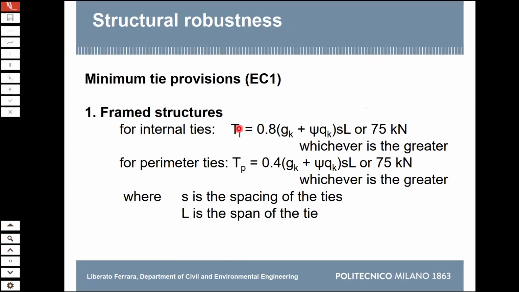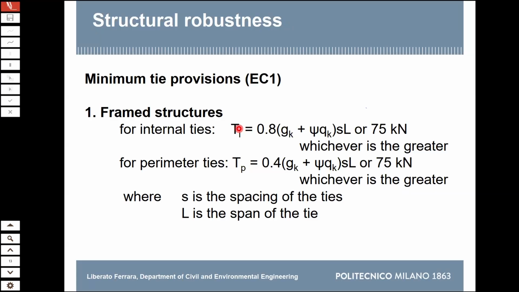This comes from Eurocode 1, Design for Accidental Action. So there are criteria for what kind of loads I design this. So you see here, you have the gravity loads, permanent loads. You have the variable loads multiplied by a non-contemporaneity factor.